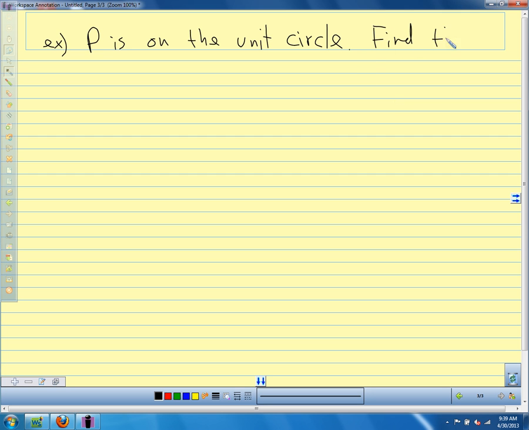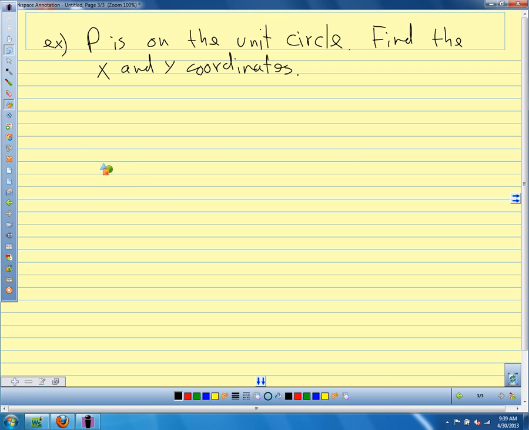We want to find the x and y coordinates. So let's draw a picture. For this particular problem, we have a picture. There's my unit circle.